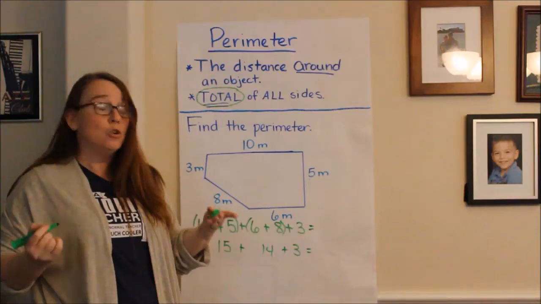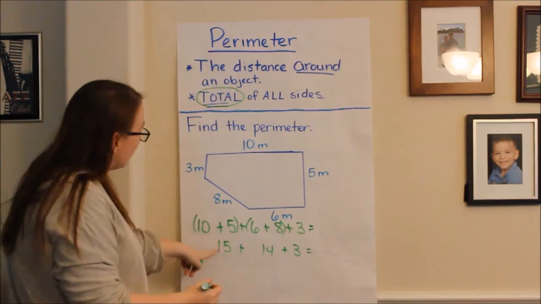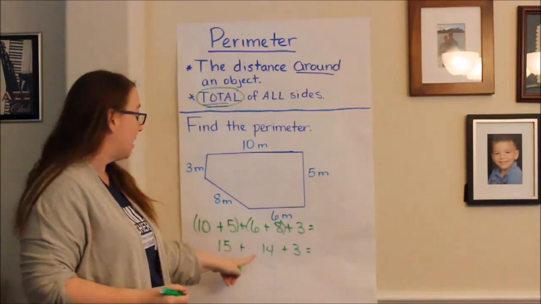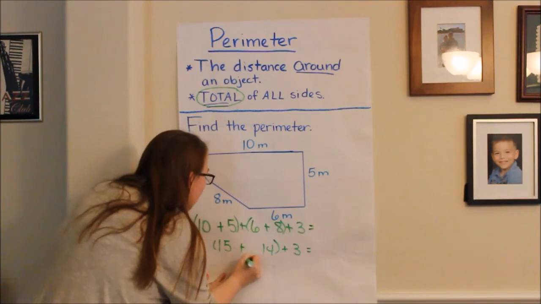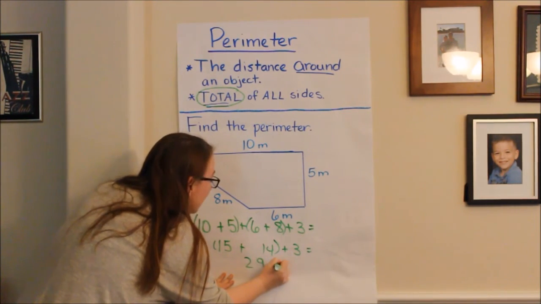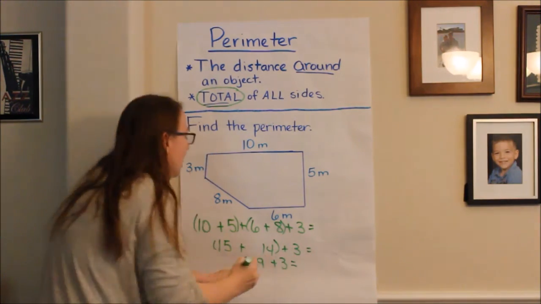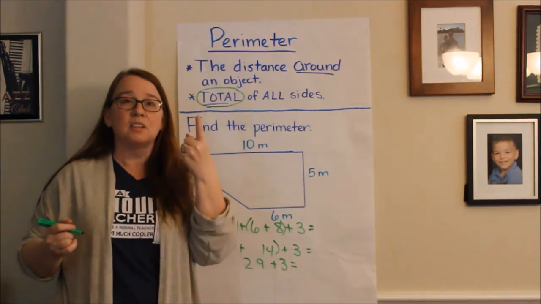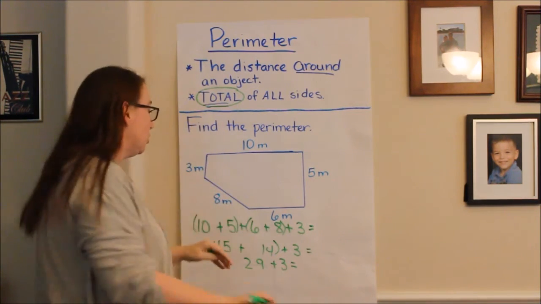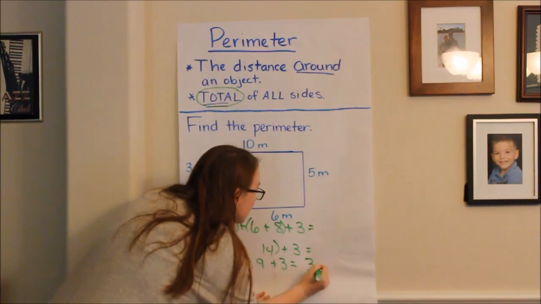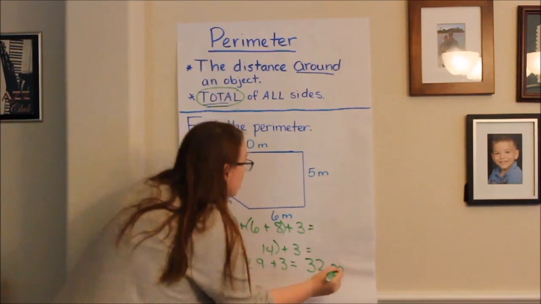I can then again group them together. Well, I know that 15 plus 14 is 29. So I put those together, and I have 29 plus 3 more, which gives me 30, 31, 32. So my final answer would be 32.